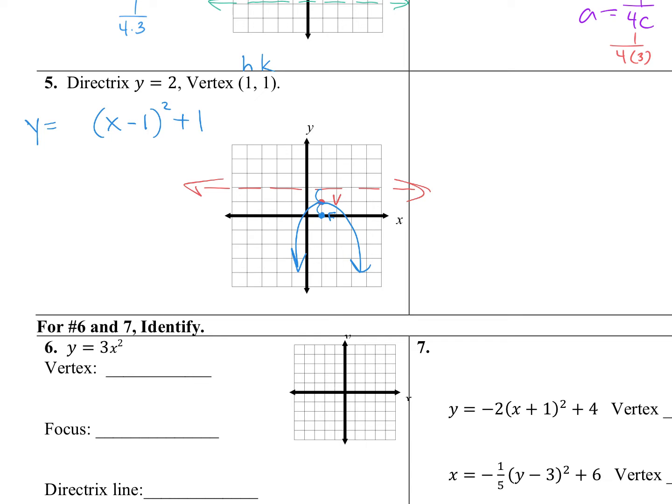How do you find a? 1 over 4 times c. What's your c value right now? -1, right? The distance from the vertex to the focus, we went down 1. So 4 times -1, so this would be a -1/4. And then that will be your equation.